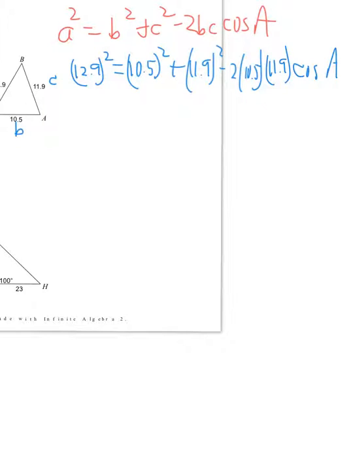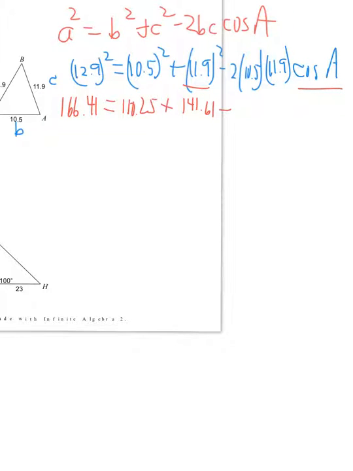Now, what we're trying to find, our unknown, is over here. It's the cosine of A. So I'm going to square my 12.9, which is 166.41. If you do that on the calculator, I'm going to square my 10.5, which is 110.25. I'm going to square my 11.9 here, which is 141.61.